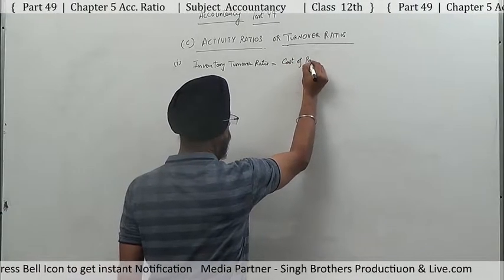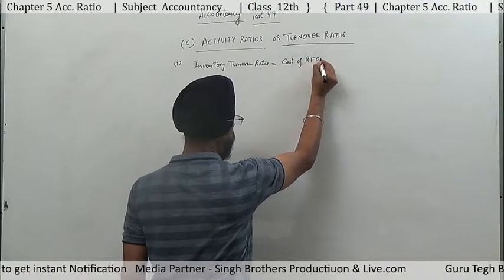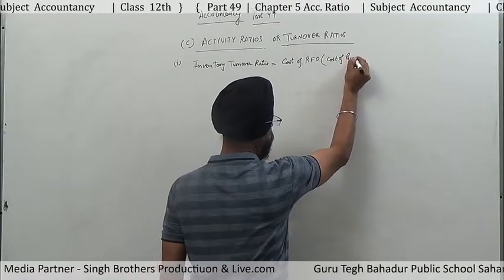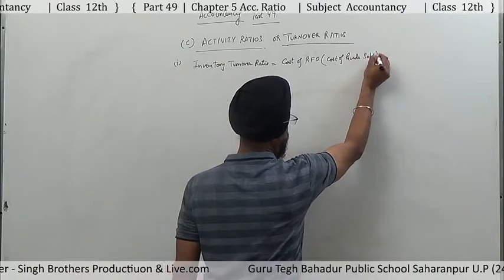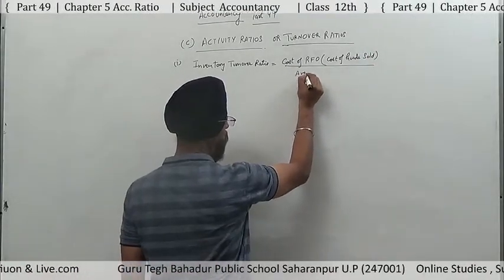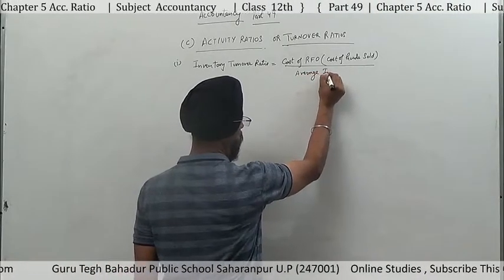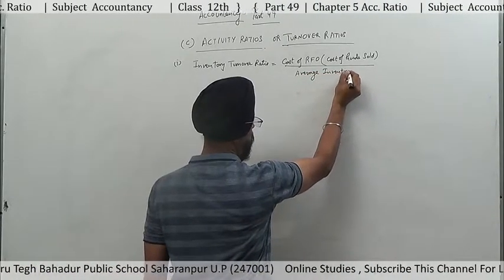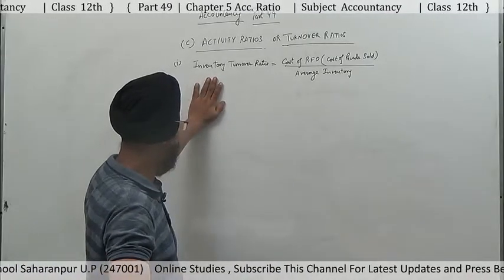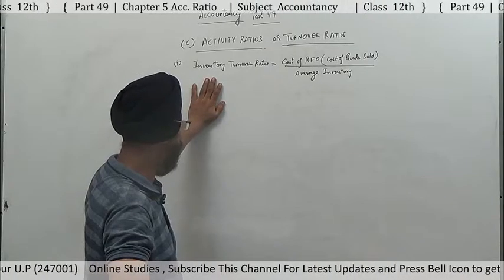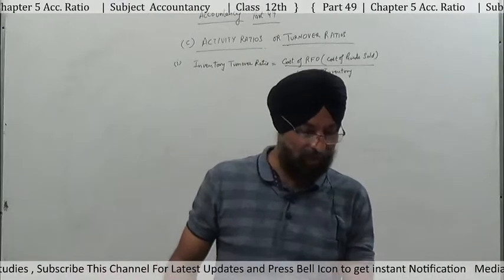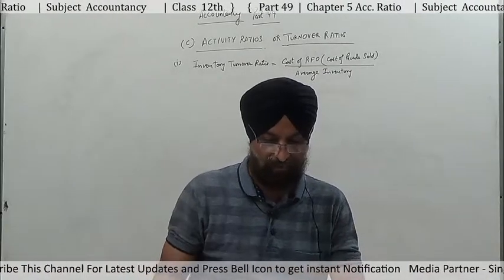This is the formula for inventory turnover ratio, and it is our first ratio under the category of activity ratios. Now see how we find cost of revenue from operation.